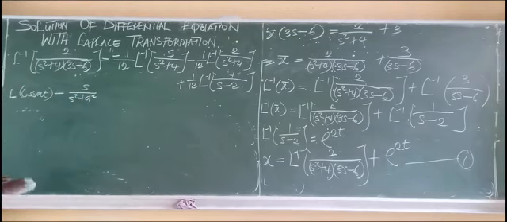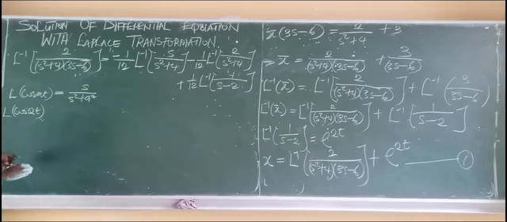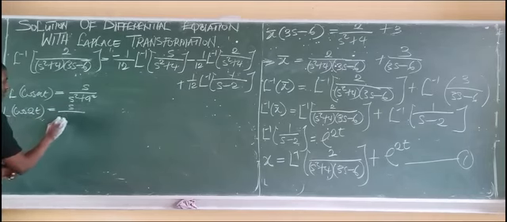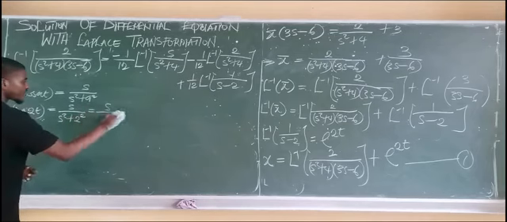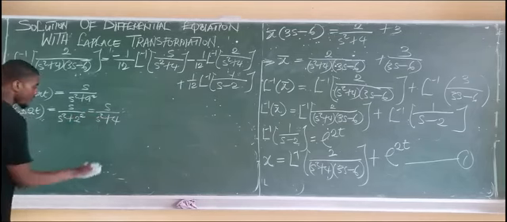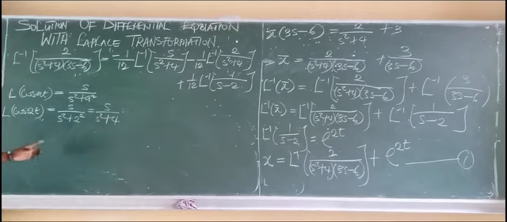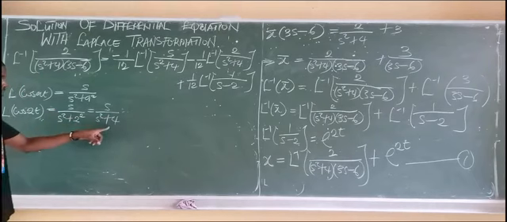So this simply means that Laplace of cos 2t, let's say now a is equal to 2, this will now be equal to what? s over s squared plus 2 squared, which is s over s squared plus 4, because 2 squared is 4. So Laplace of cos 2t will simply give us s over s squared plus 4.